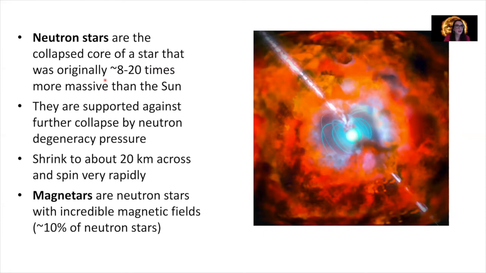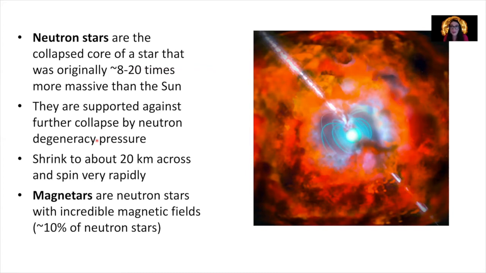Now, these neutron stars are supported against further collapse on themselves because of their immense gravity due to neutron degeneracy pressure. That's similar to the electron degeneracy pressure that we saw in the white dwarf. So now in neutron stars, we have even more gravitational force, way more mass that's trying to be condensed into a very tiny space.